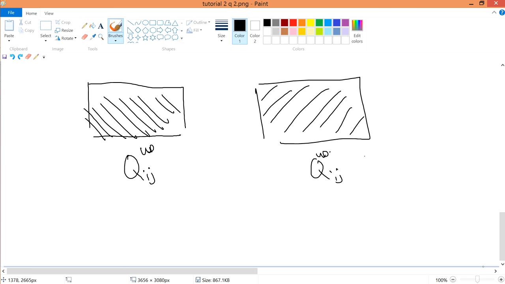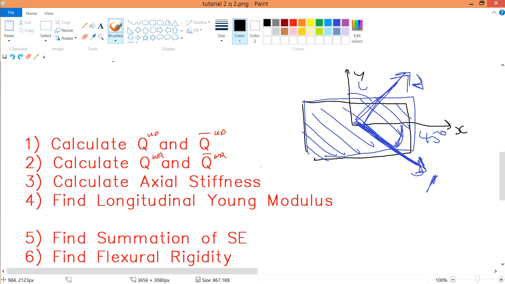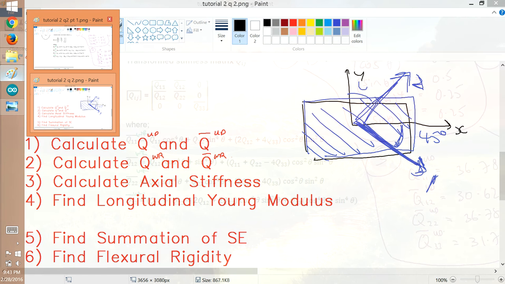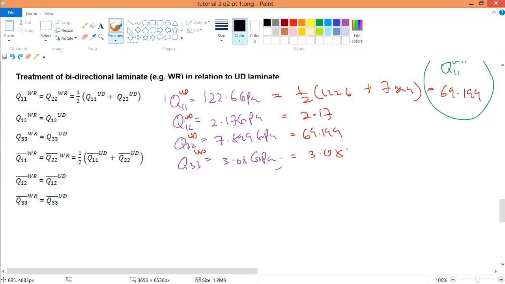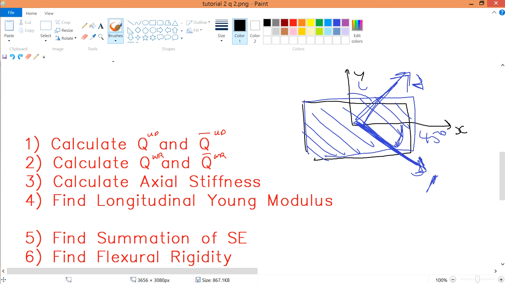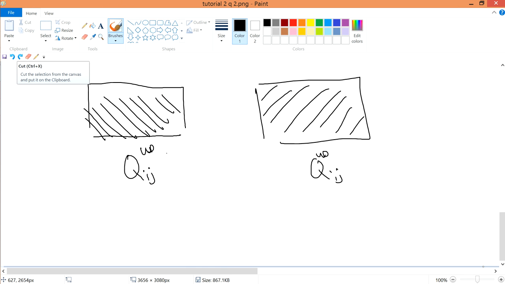If it's a woven roving, you're going to convert it using the equations that we had in the previous video, using the conversion. These are the conversion equations: half Q1 unidirectional equals the woven roving type of thing. To visualize what we're going to do for the woven roving, Qij woven roving is actually having all these things.